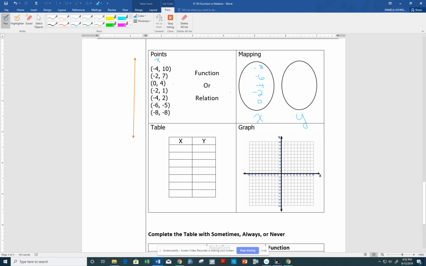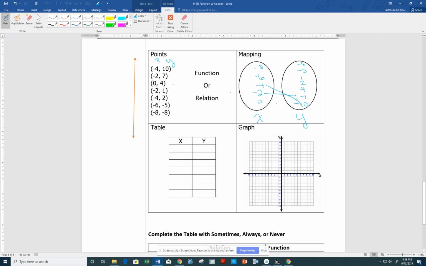And my y values, from least to greatest, I have a -8, a -5, a 1, 2, 4, 7, and 10. Okay? So now I have a -4 that goes to the 10.